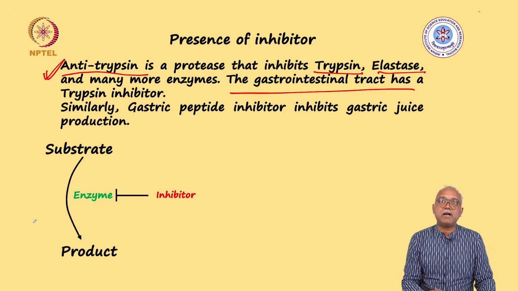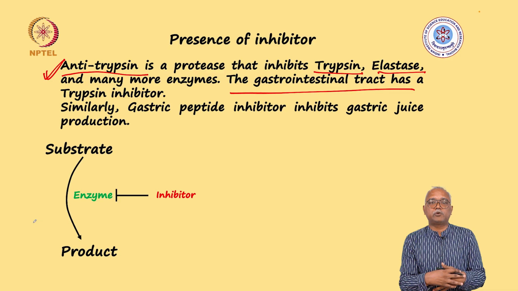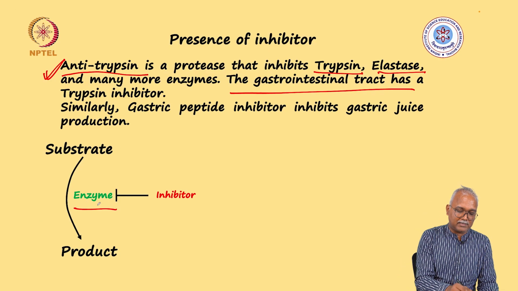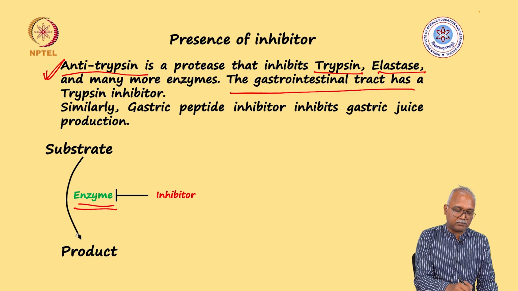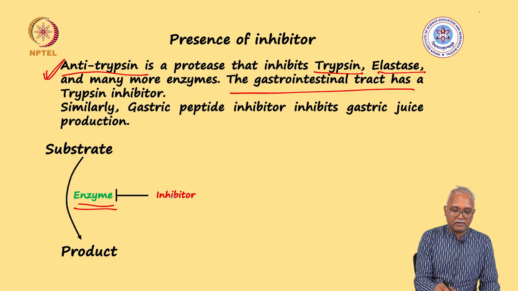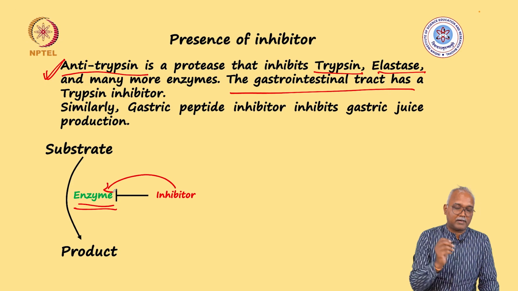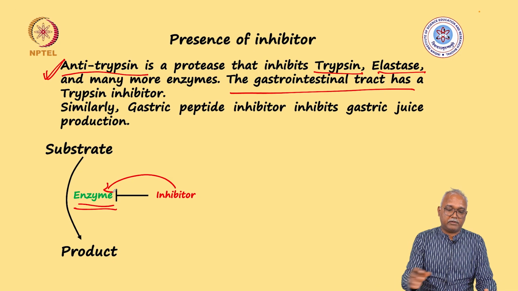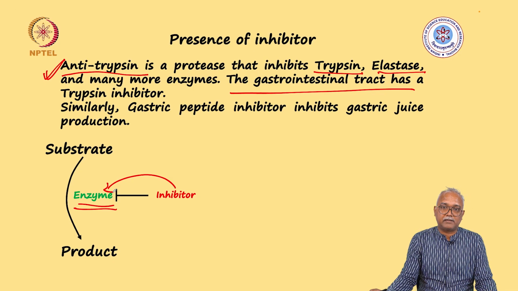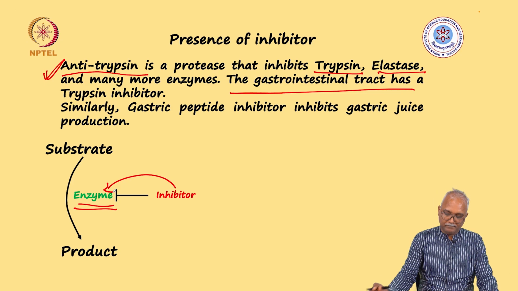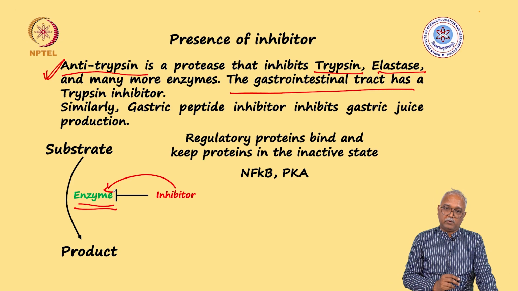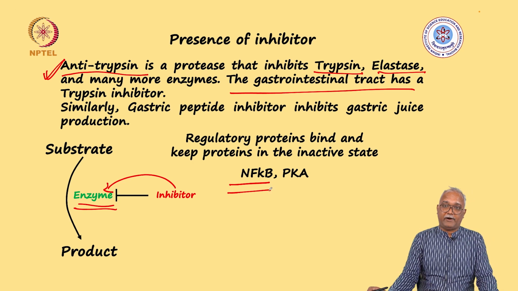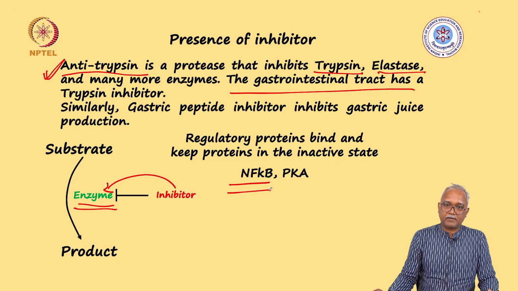We saw in the previous slide that zymogens are converted into active molecules. They help the active enzymes convert substrates into products, and this inhibitor will ensure the enzyme is no more active. So how does signaling come into the picture? You may think that it is all metabolic activity. What happens in the case of signaling? One of the important molecules which we often see affecting signaling, a key effector molecule, is called NF-kappa B.